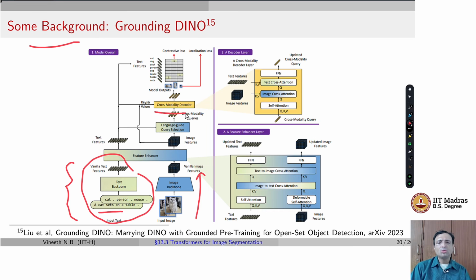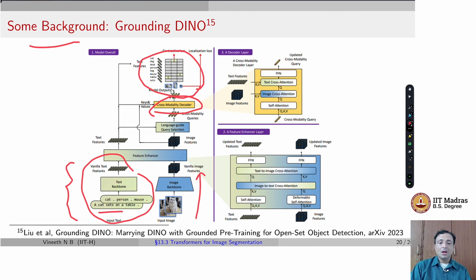Then they go through a couple of cross modality attention modules, very similar to what we saw with a few other methods, where they do text image and image text attention, and finally they have model outputs with a few changes in the loss function. But the broad idea of Grounding DINO is very similar to DINO, with just accommodating text input to be able to get your bounding box predictions.